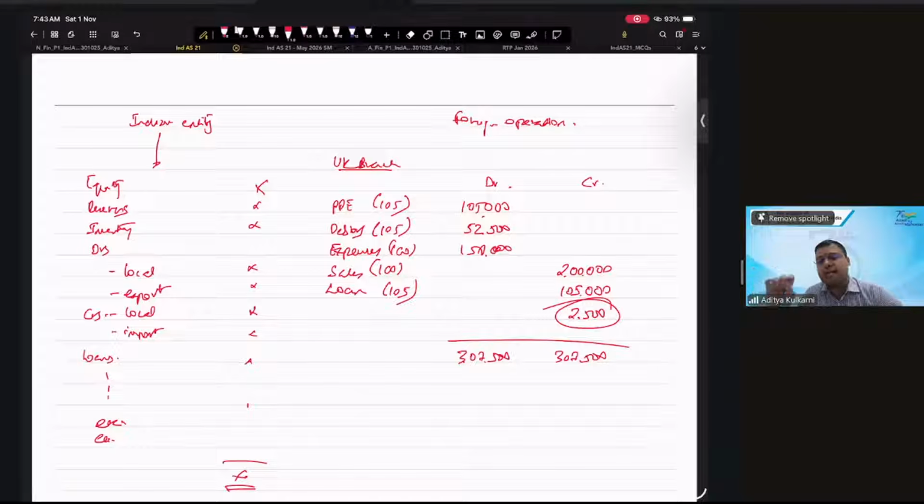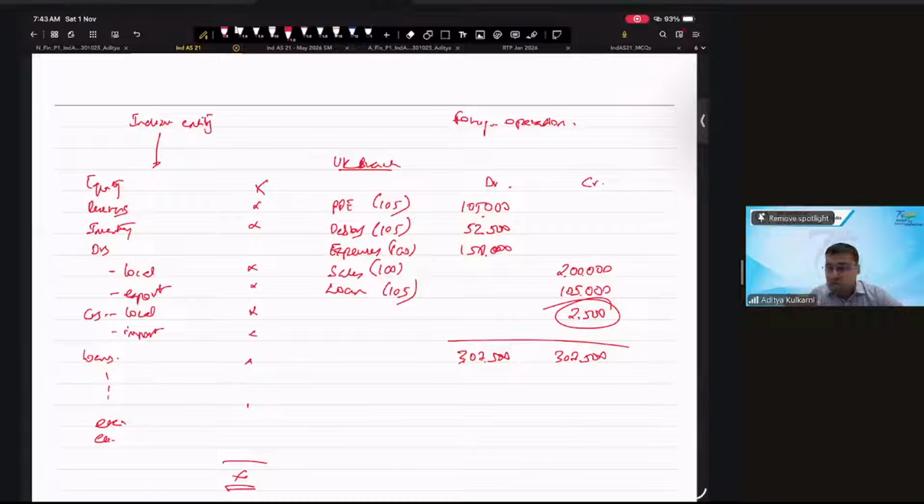So there is a currency translation difference that is coming out. The currency translation difference comes to 2,500 credit. Will this currency translation difference be realized, or will it remain unrealized until I dispose of the branch? It will remain unrealized.